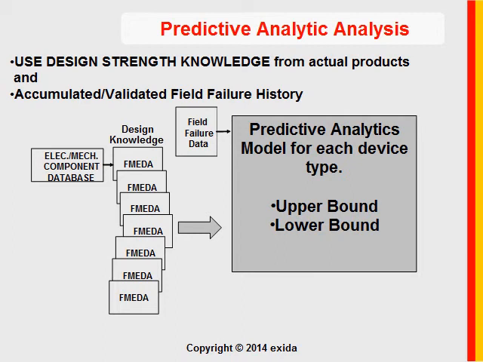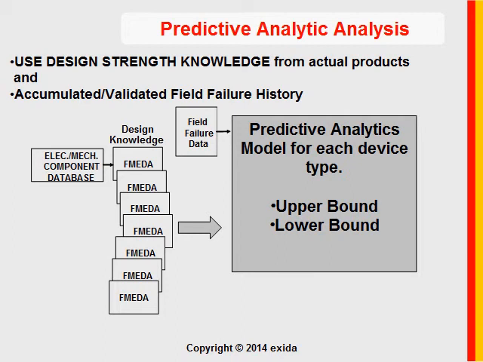We can evaluate the design strength of a range of different products. And at Exeter, we do that through our FMEDA technique. It is an analysis of design strength. And by looking at a large collection of products, we can tell how the design strength varies from product to product.